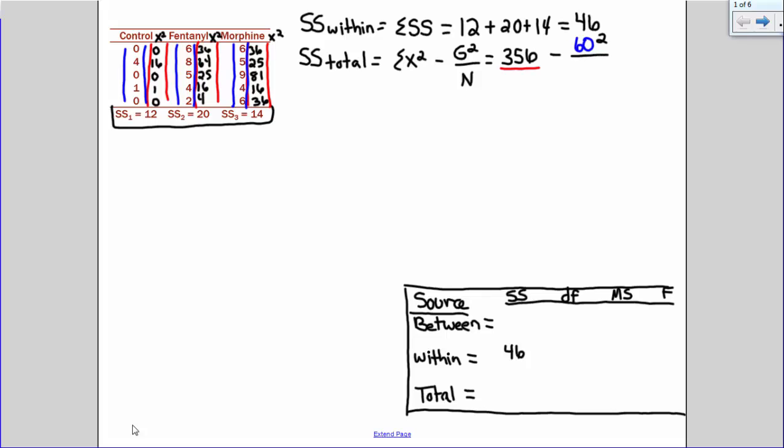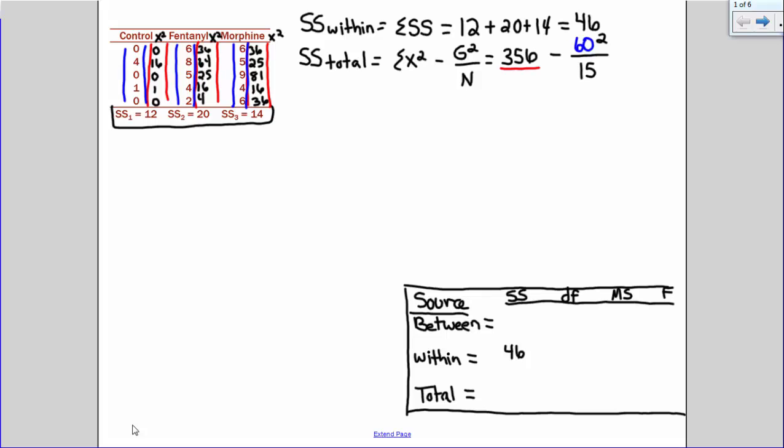And then we divide by the sample size for the entire study. So we have 5 different people in 3 groups. 5 times 3 is 15. Now, if we wanted to fill in all those values that I mentioned on the statistical notation page, like T and lowercase n, we could do that.